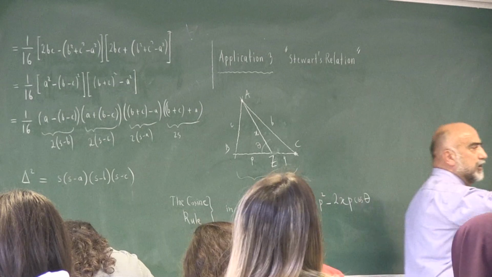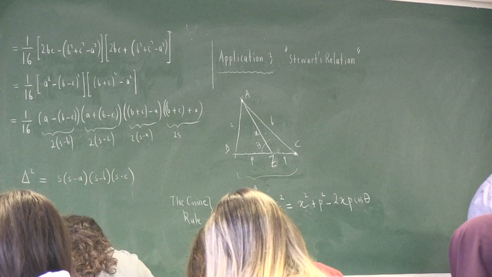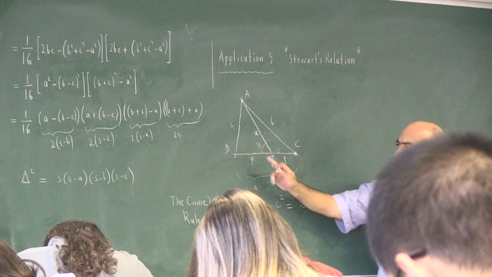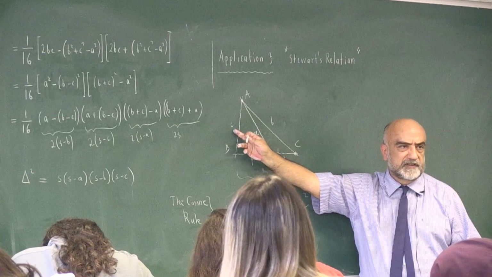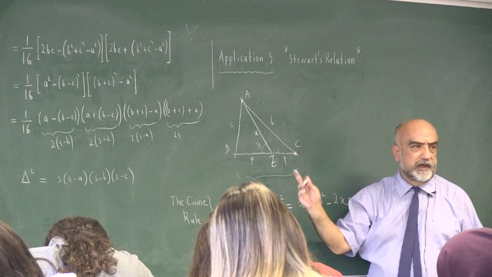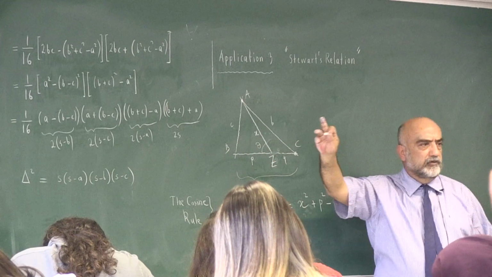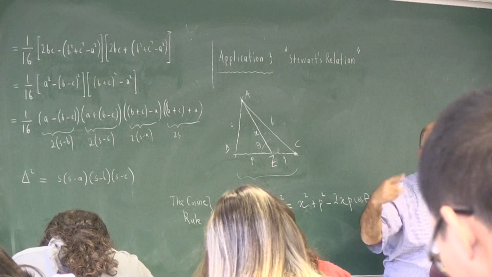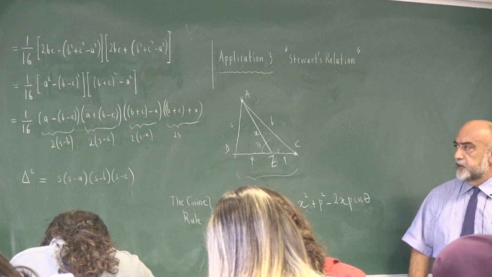Are you with me? So this is the vertex Z, and you are writing the opposite side in terms of the rest of the sides, just like A squared equals B squared plus C squared minus 2BC cosine A. Okay, so let's do that.